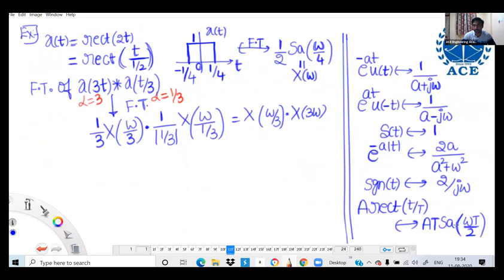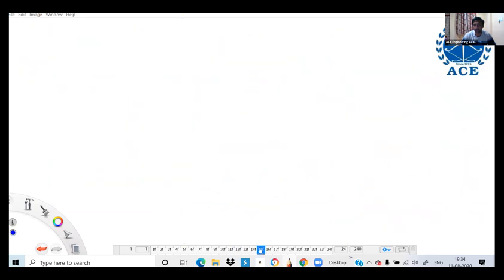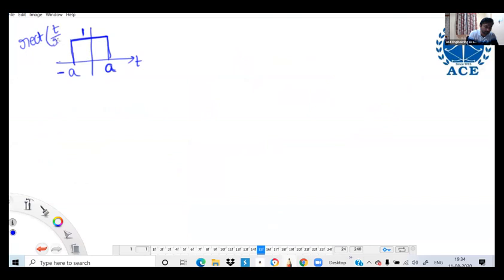See here: A rect(t/T) gives ATSa(ωT/2). So a rectangle in time corresponds to the Sa function in frequency. Listen carefully. If I take a rectangle from -A to A with amplitude 1, it is rect(t/2A).